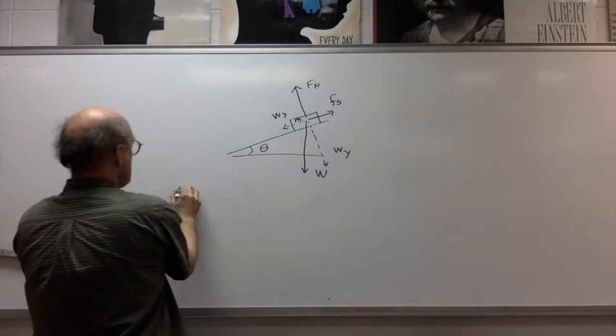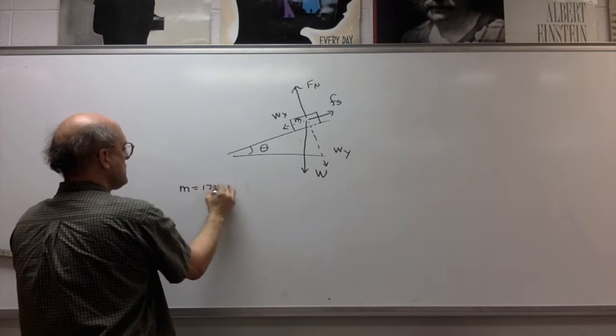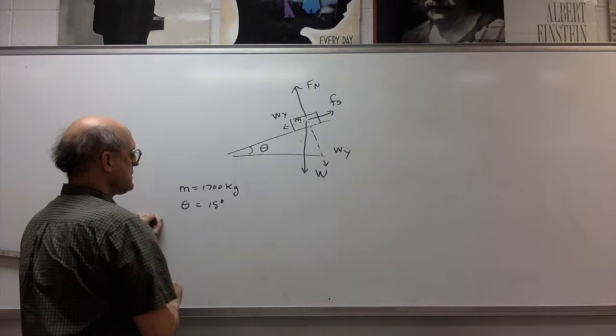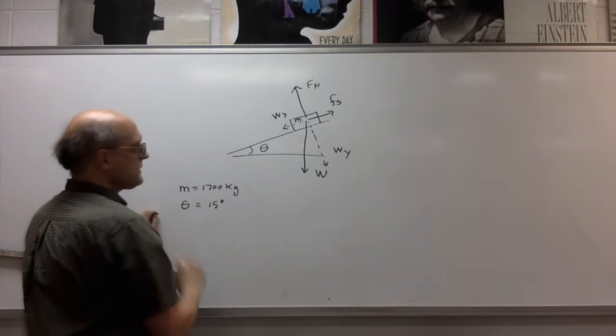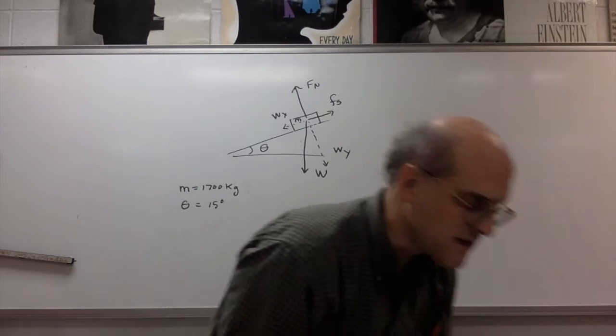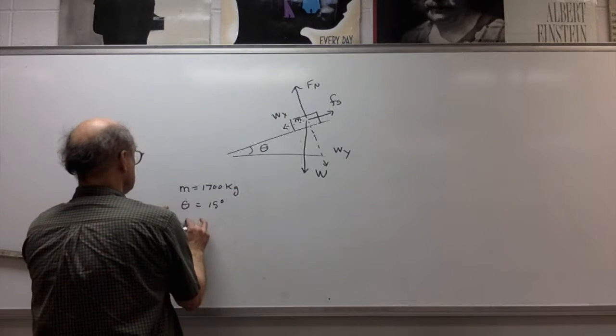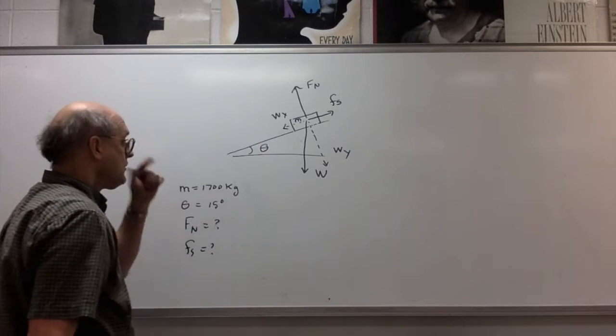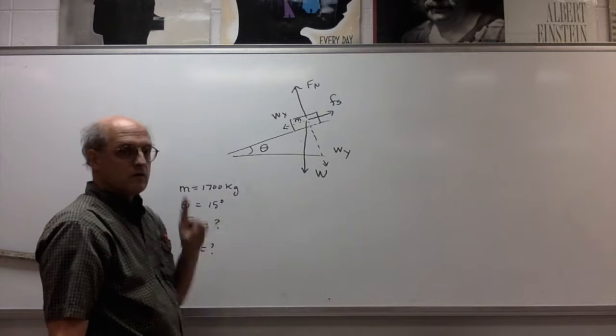So the mass of the Mercedes is 1,700 kilograms. The angle is 15 degrees. And they want us to determine the magnitude of the normal force and the static frictional force. Well, the normal force is equal to the y part of the weight.